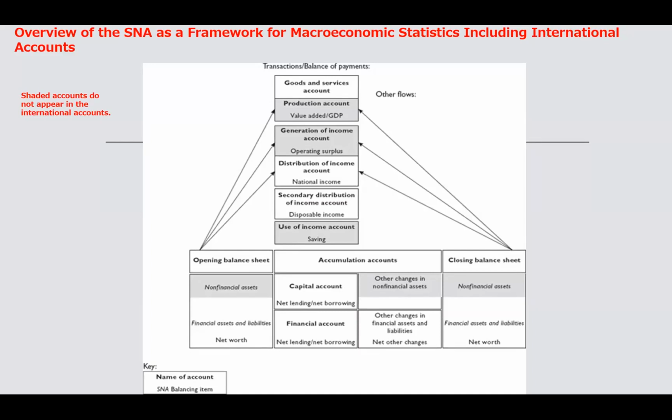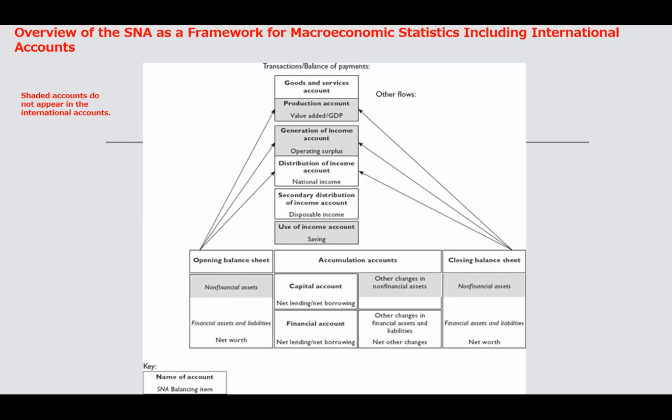Is any of you working on the balance of payments statistics? I would like to hear from you why the shaded accounts do not appear in the international accounts. Okay, I don't see any comment on the chat.